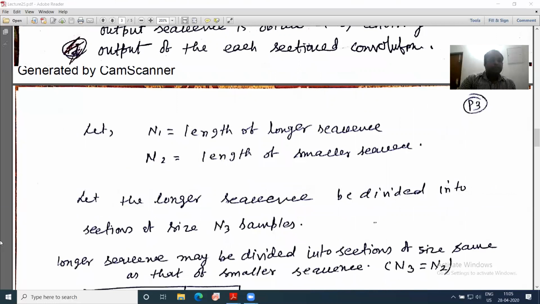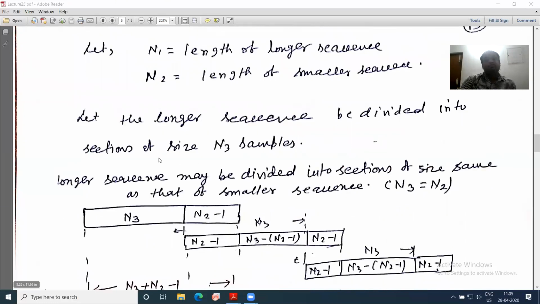Very good. Now let the longer sequence be divided into sections of size N3 samples. N3 may be equal to N2. Now the total sequence, that is your N1, the length of the sequence, is divided into N3.